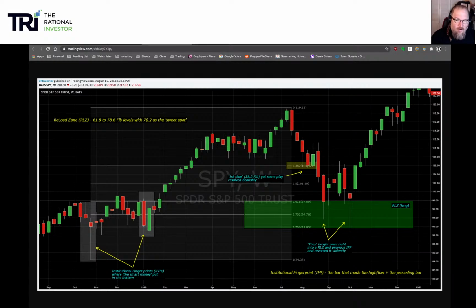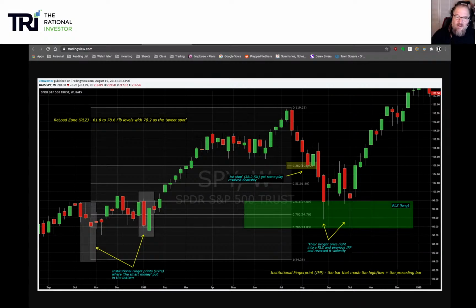The areas where the market has put in a bottom or top are put in by the institutional players in the market. Here's another one up here. We see that often the markets will stumble at the 38.2 level, and we need to see that resolved before we can start saying that the trend has perhaps changed to a range. So then we come down into this RLZ, and then we can see that it took off again.